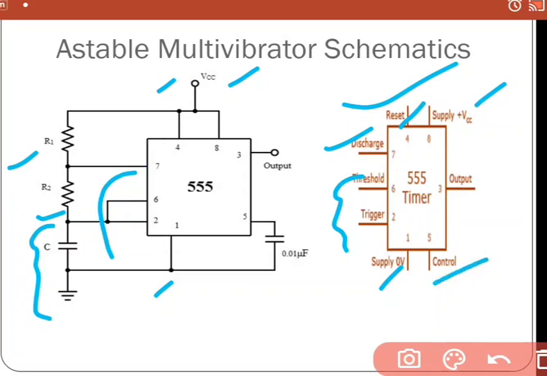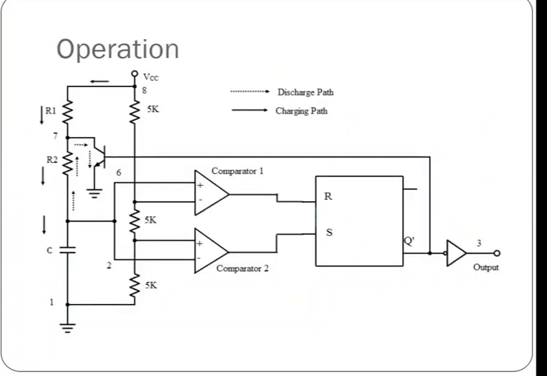Now here is the control pin. The control voltage applied at the pin 5 will change the threshold voltage level, but for normal use, pin 5 is connected to ground via this capacitor 0.01 microfarad, so the external noise from the terminal is filtered out.